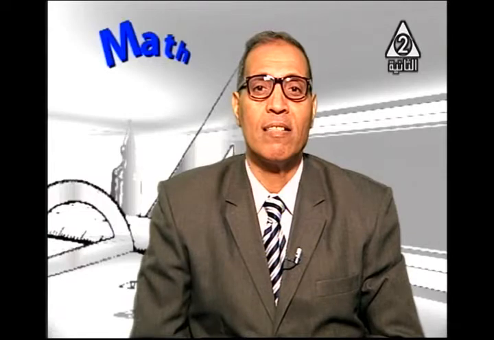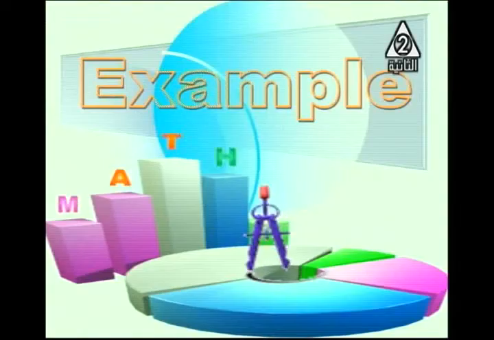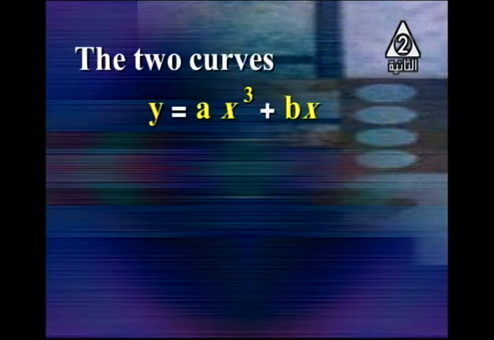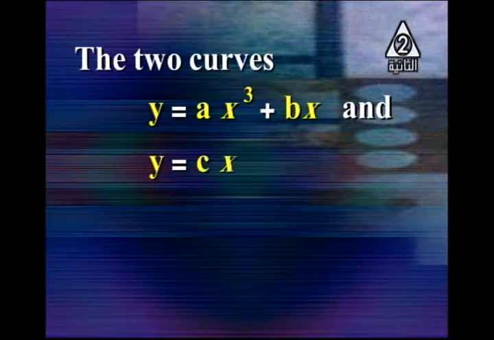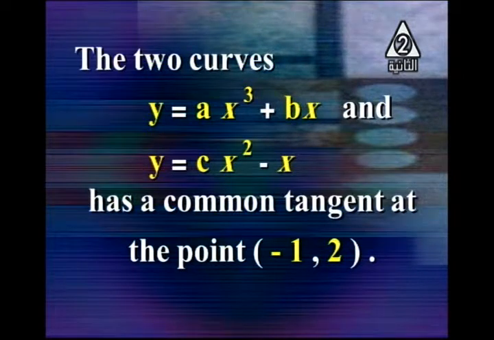Dear student, look at the important example. The two curves y equals ax cubed plus bx and y equals cx squared minus x have a common tangent at the point (minus 1, 2).